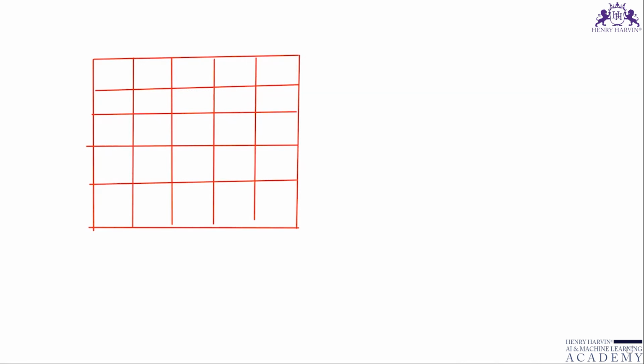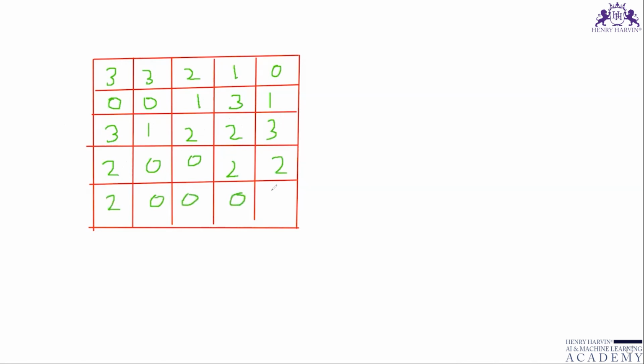Say for example, I have 3, 2, 1, 0, and then I have 0, 0, 1, 3, 1, and I have 3, 1, 2, 2, 3, and then here again I have 2, 0, 0, 2, 0, 0, 2, 2, right? And then 2, 0, 0, 0, 1. This is what I have now, right?